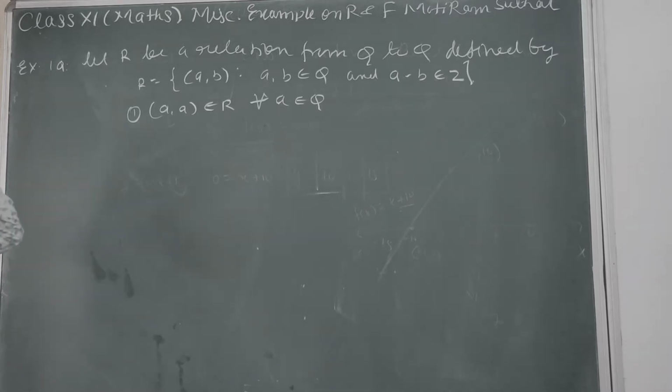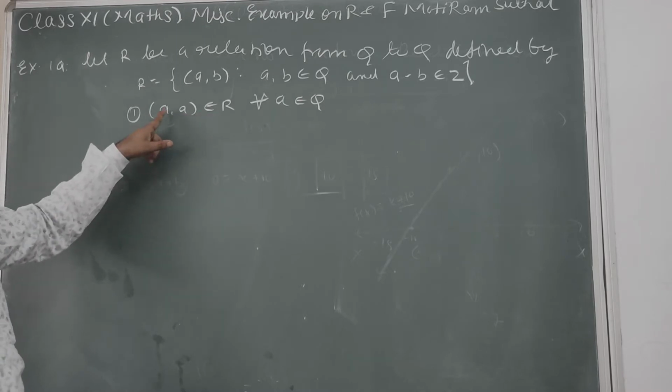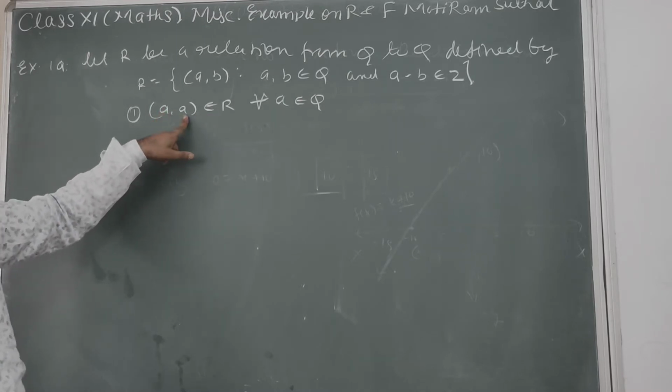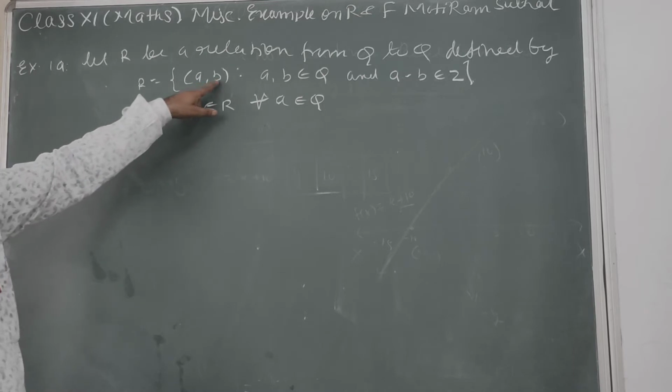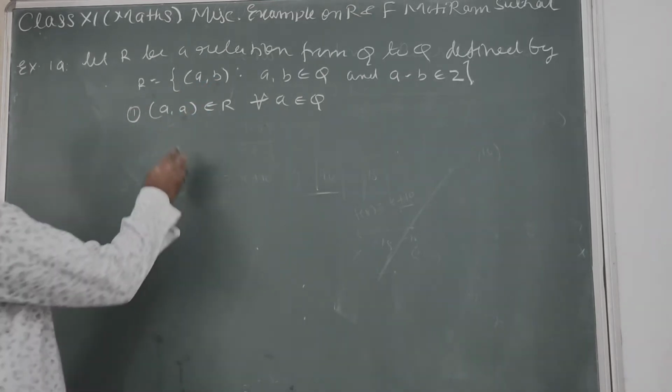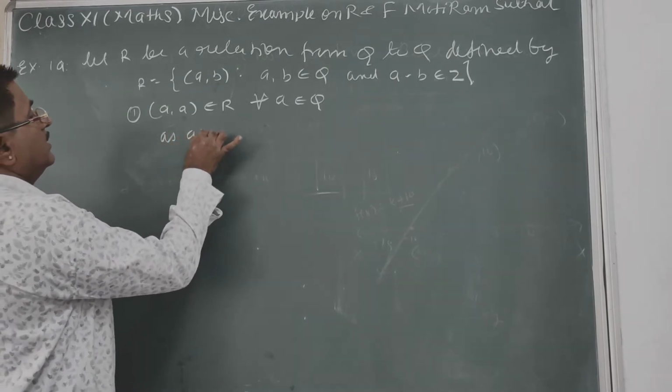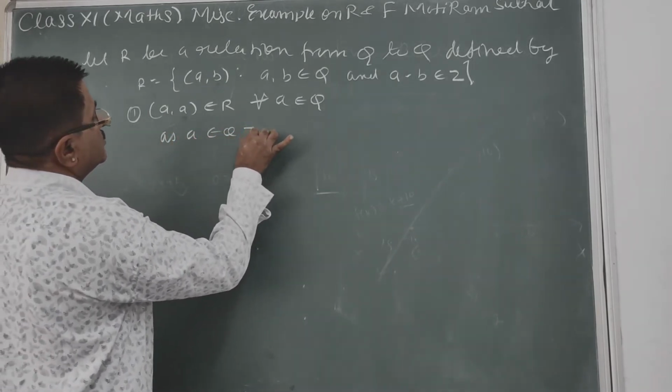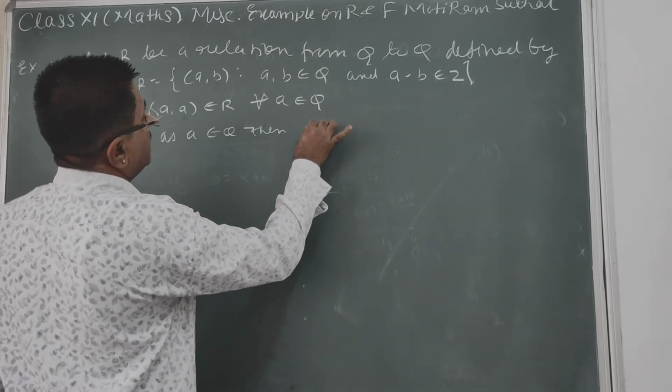So how can we prove (a, a) also belongs to R? It means an element has a relation with itself. So now b is replaced by a. As a belongs to Q, then a minus a.